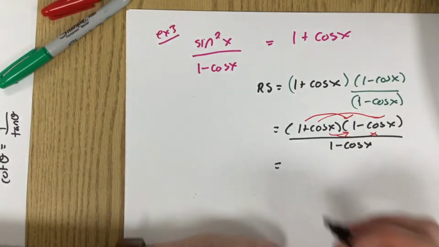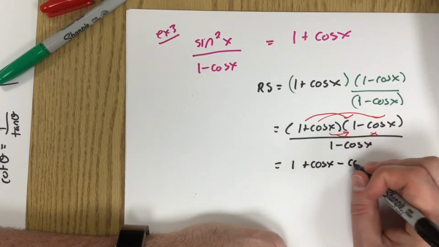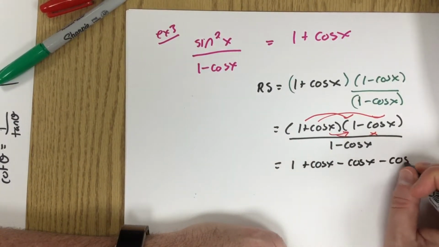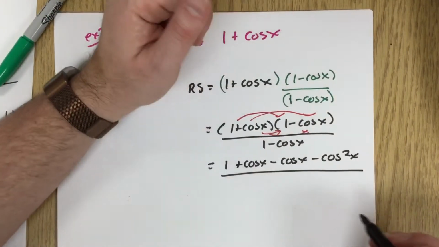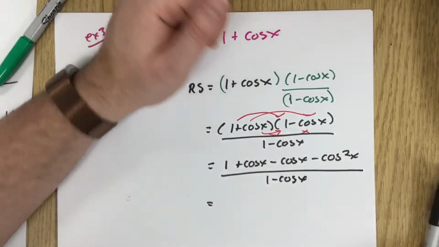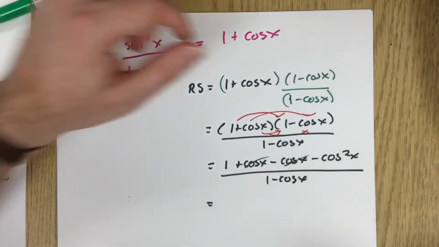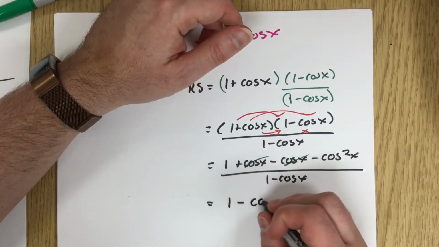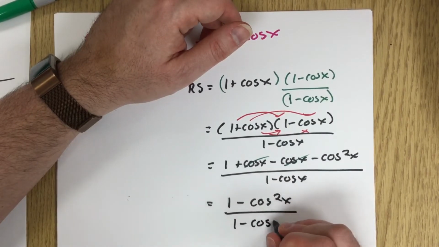And that's going to give us 1 plus cos x minus cos x minus cos squared x, all divided by 1 minus cos x. Those guys cancel. So we end up with 1 minus cos squared x all over 1 minus cos x.